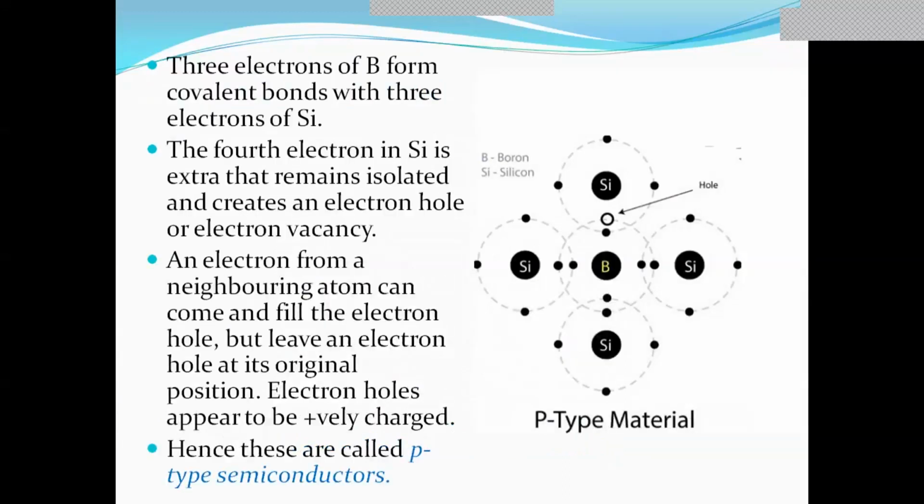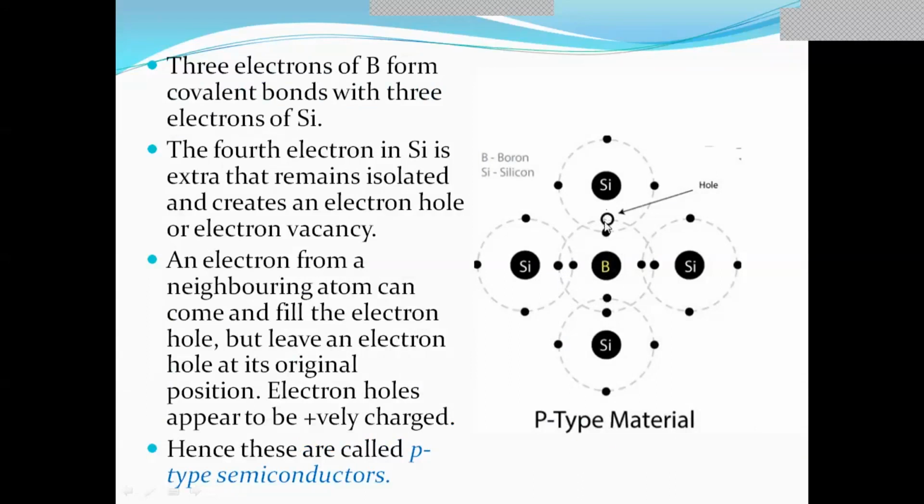In this picture, you can clearly see how the boron is doped into silicon. So here, boron has 3 valence electrons. It needs to be 4, but out of 4, only 3 are seen in boron. The fourth electron is missing for forming a bond with silicon.